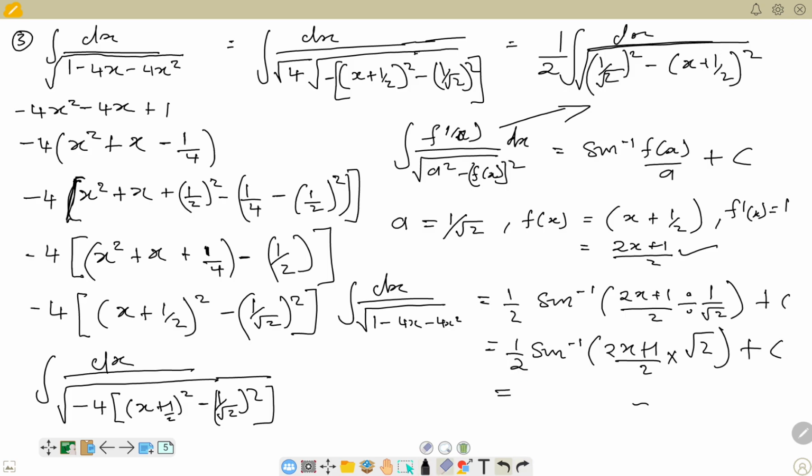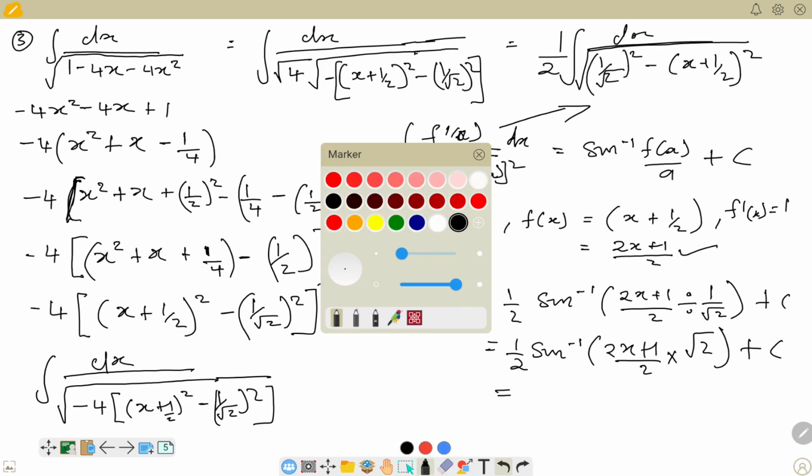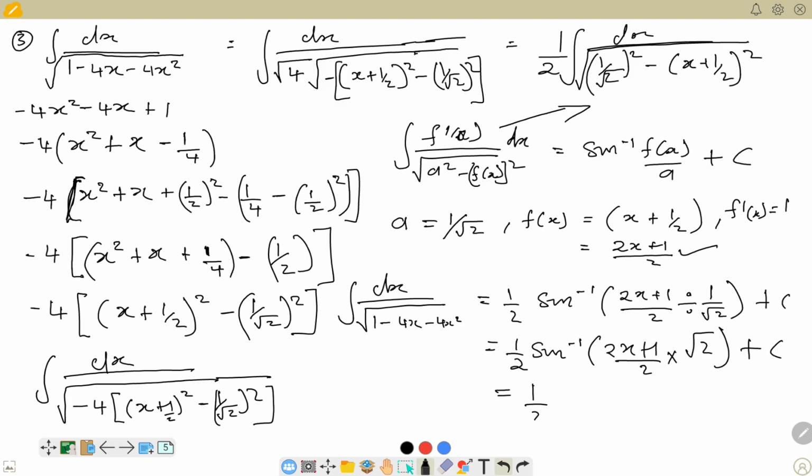Then simplifying, we get that it equals 1 over 2 arcsine. So if we bring down the square root, it's actually going to be 2 minus half. Then we will have 2x plus 1 over, it's actually going here, we have 1, 2 to the power 1. 1 minus half is half. So we'll still have square root 2 here, plus c.